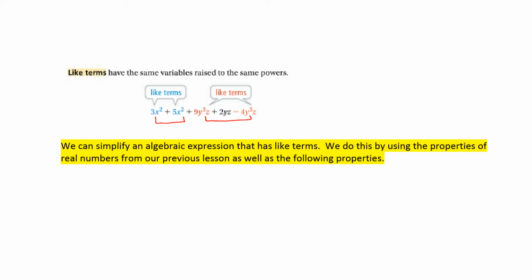We can simplify an algebraic expression that has like terms. We do this by using the properties of real numbers from our previous lesson, as well as the following properties.